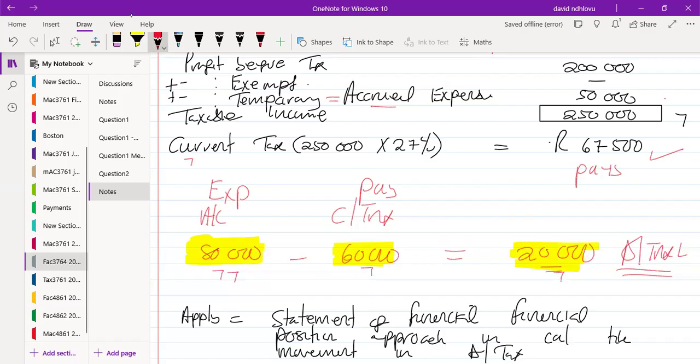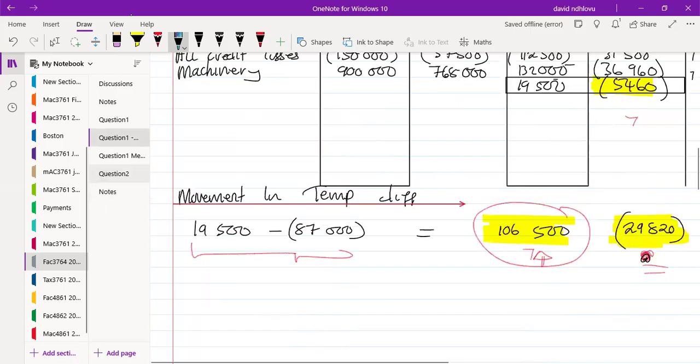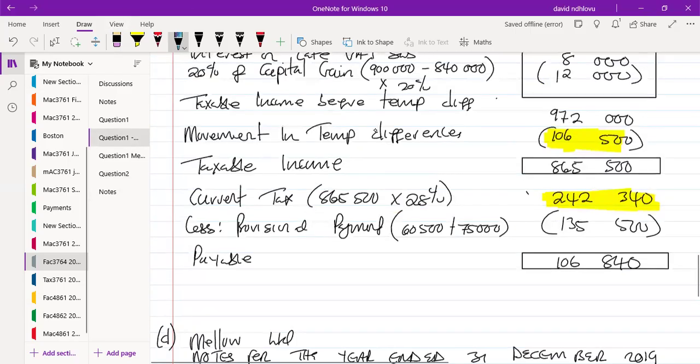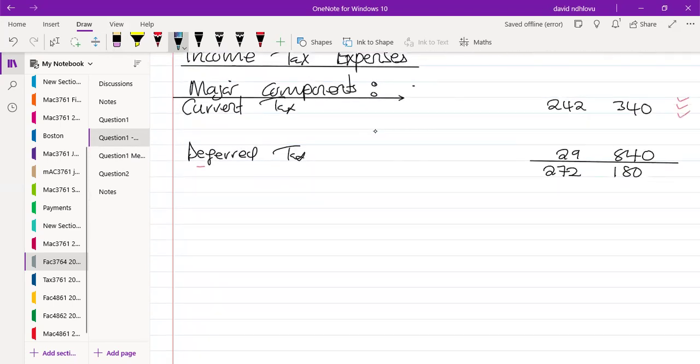So you have a deferred tax liability. So given the current tax, if you have a deferred tax liability, if you add them, you go back to what? The income tax expense according to accounting. So this is what we are trying to do. We are trying to calculate the income tax expenditure, right, using this reconciliation.